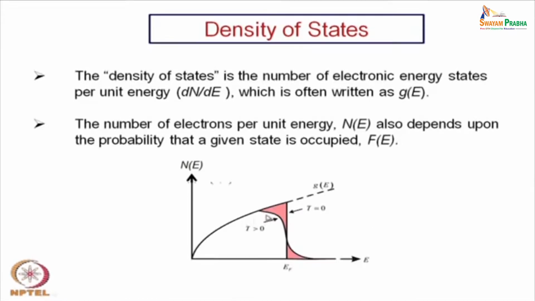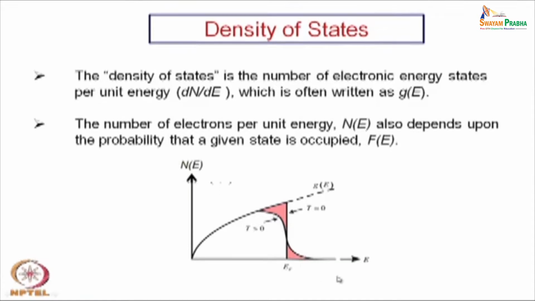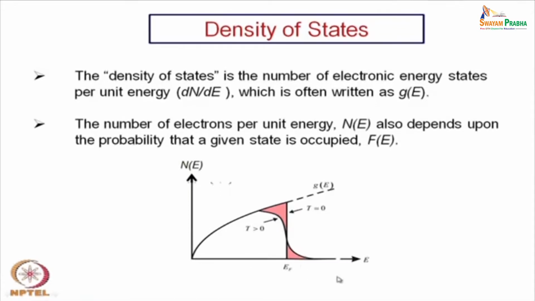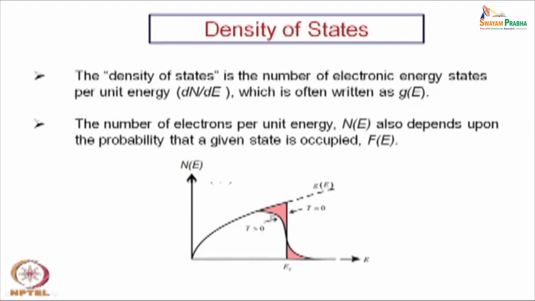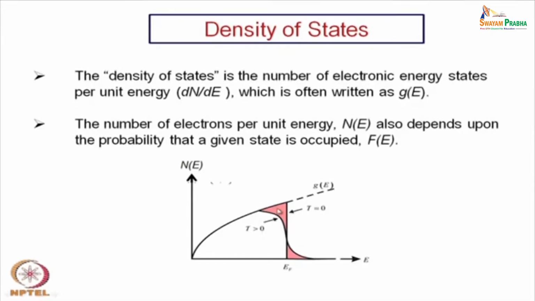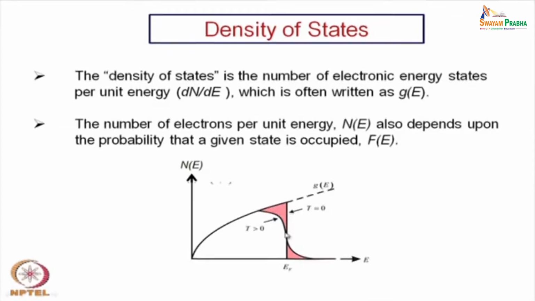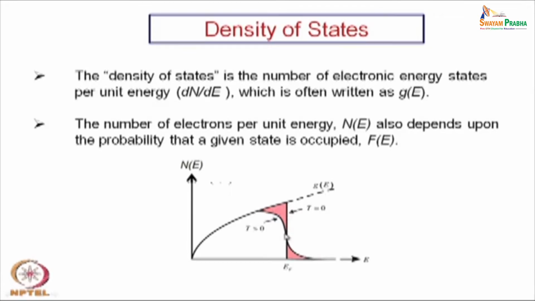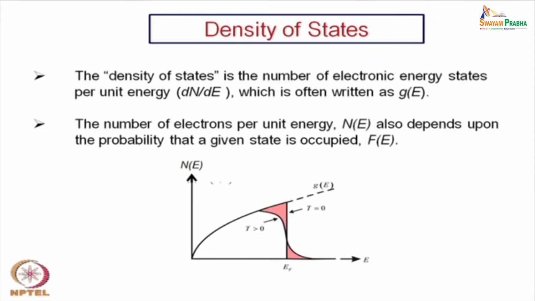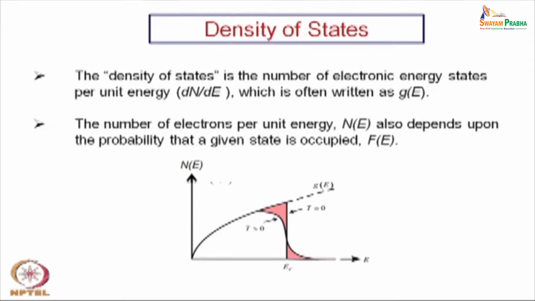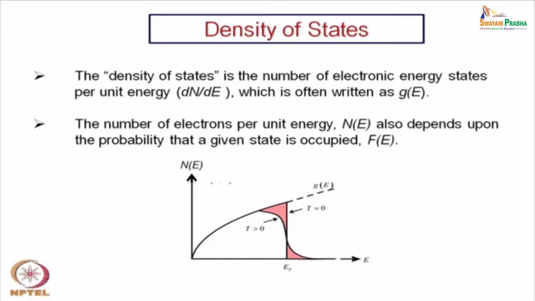Once again one can apply the Fermi-Dirac distribution function here, and at temperatures greater than 0 this will be the situation. Some of the electrons just below EF, or the Fermi energy, will be excited above the Fermi level, and again the number of states below and above will be equal.